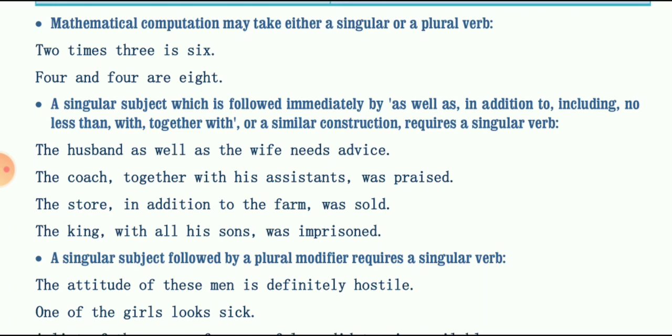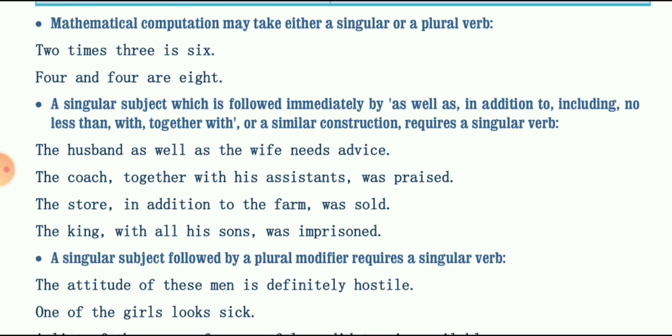A singular subject which is followed immediately by as well as, in addition to, including, no less than, with, together with, or a similar construction requires a singular verb. So we know well that if a singular subject is connected with these words, like the husband as well as the wife, husband is a singular person, so we will use the singular verb needs.